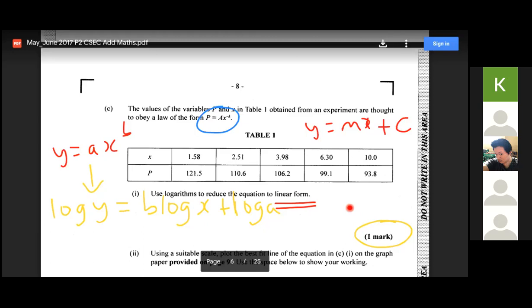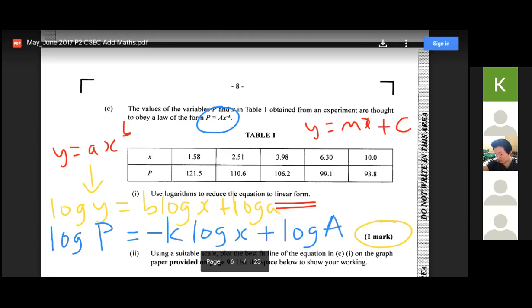So I know y is equal to ax to the power of b, when x is the base, this applies. I see x in the base here, so how do I write this? This is going to look like log of p is equal to b, which is the power, is minus k log of x, and then a in this case is going to be capital A.